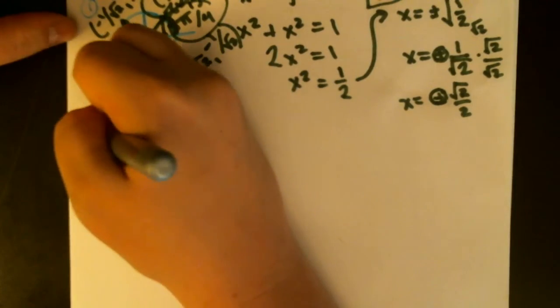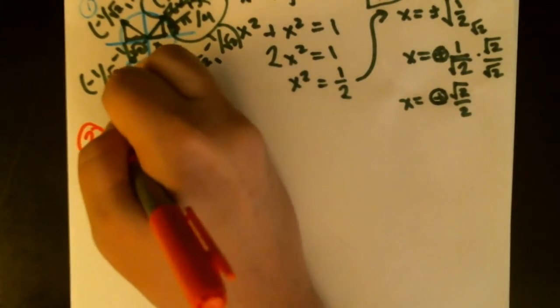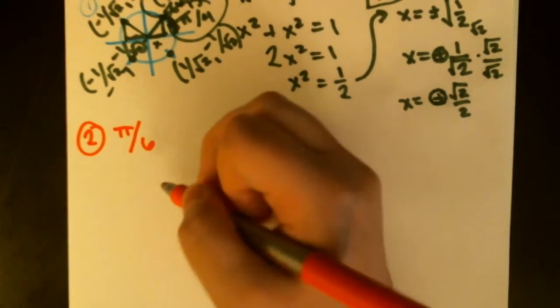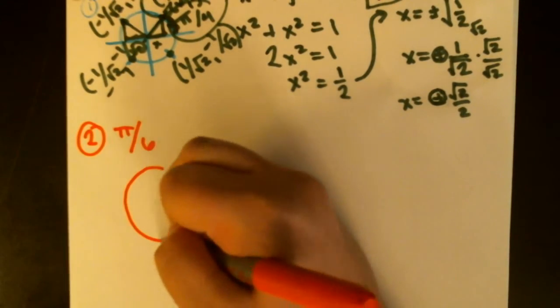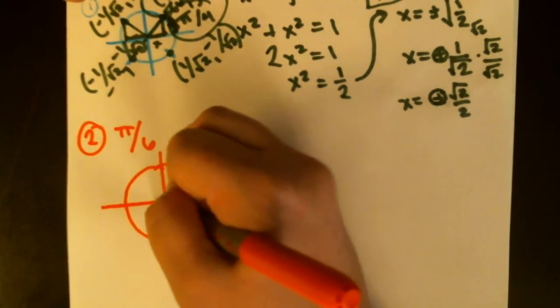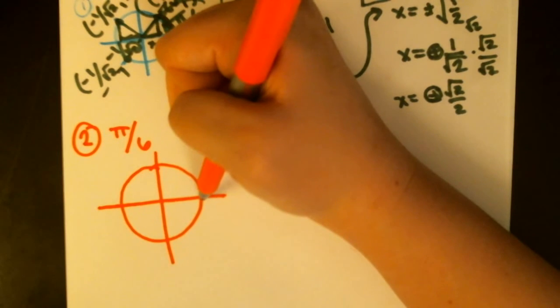Second one, let's do a pi over 6. So this one up top was the pi over 4. For pi over 6, we want to picture taking our pi and splitting it into 6.